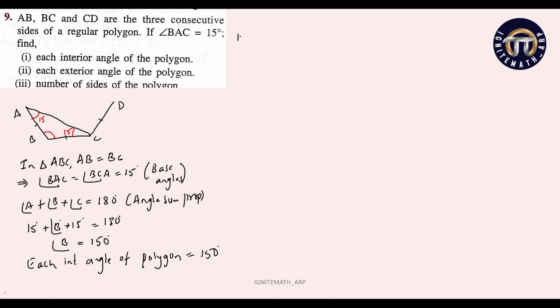So now second question, each interior angle plus each exterior angle is equal to 180 degree. Clear, children? So each interior angle is equal to 150 degree.